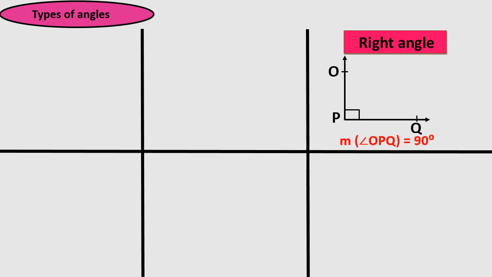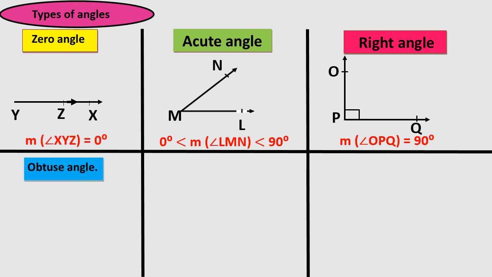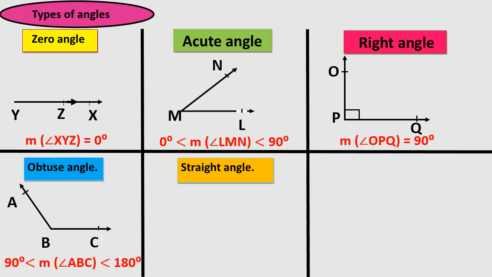Now, types of angle. Number 1, right angle, its measure equals 90 degrees. The acute angle, its measure is more than 0, less than 90. Zero angle, its measure equals 0. The obtuse angle, its measure is more than 90, less than 180.